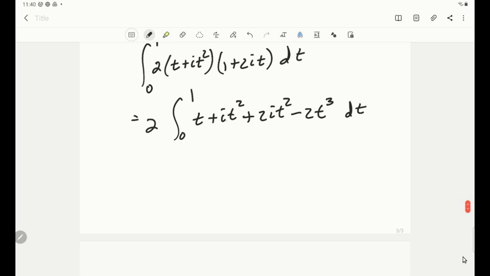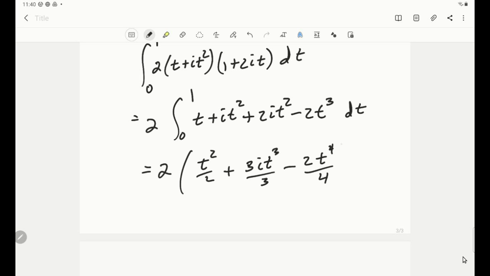Okay, so these I can put together as 3it. So we'll just do that antiderivative then. We get t squared over 2. There were 3 of these i t squared, so we'll get plus 3it cubed over 3, and then minus 2t to the 4th over 4, from 0 to 1.